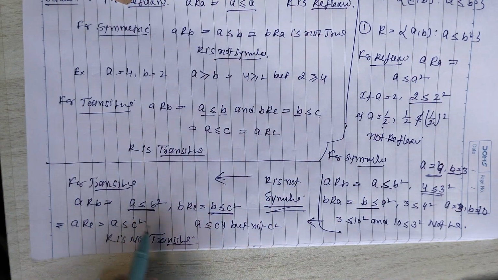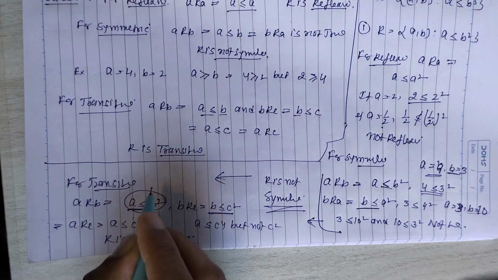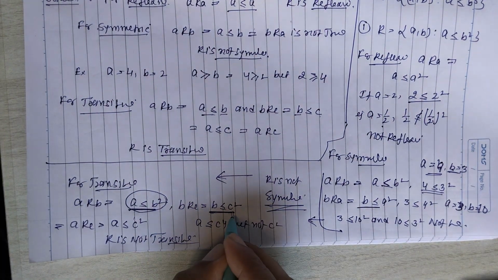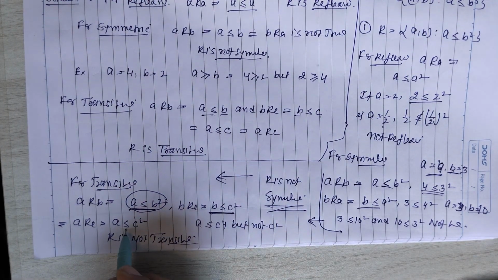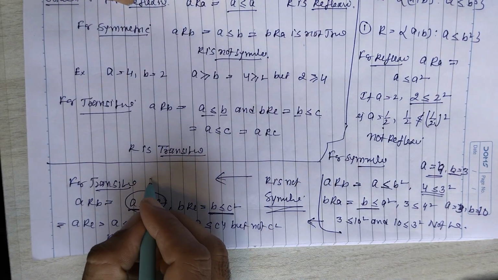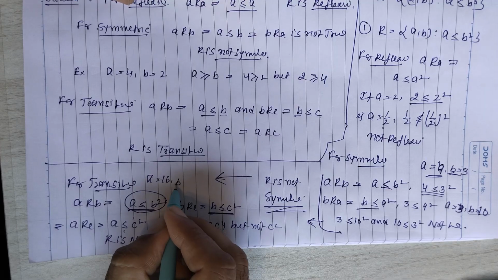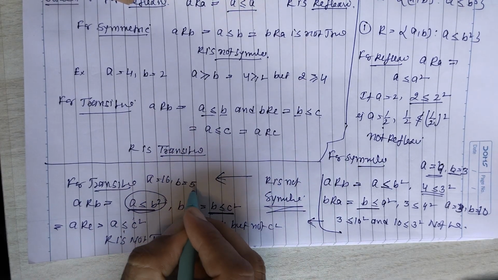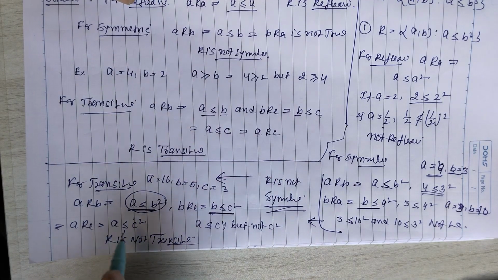If you have any problem, you can prove it like this. You have to choose some pair where a is smaller than or equal to b² and b is smaller than or equal to c², but a is greater than c². For example, if a is 16, b is 5, and c is 3.